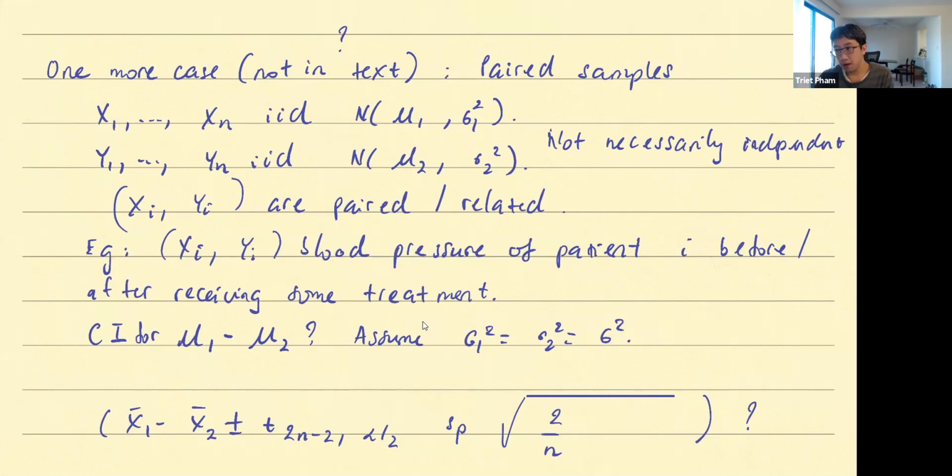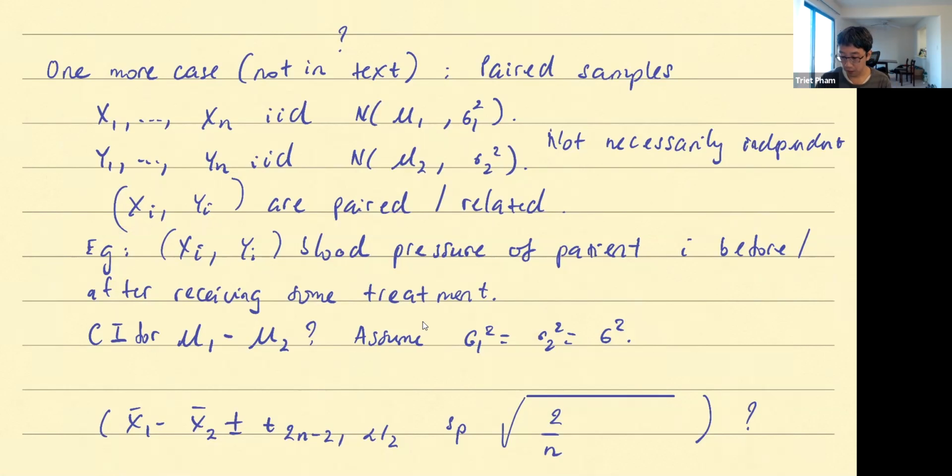The medication does something, but how the blood pressure moves can also depend on the person's physical attributes from other points of view. So for that reason, you don't have any basis to say the readings before and after are independent.